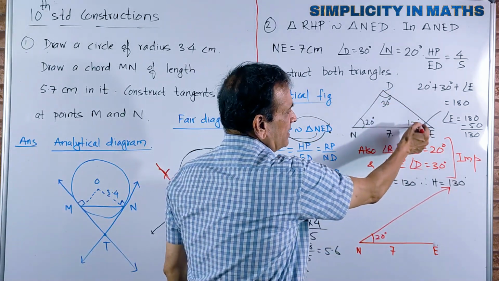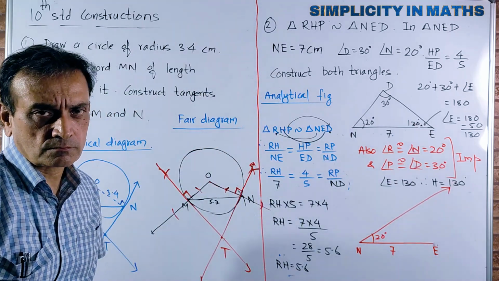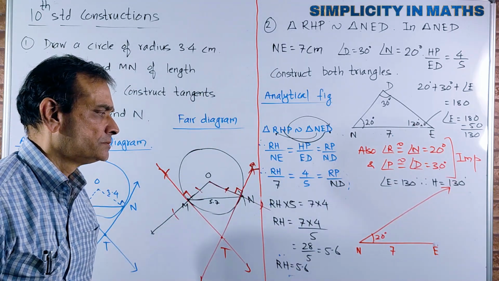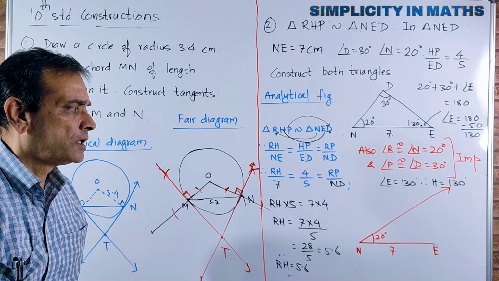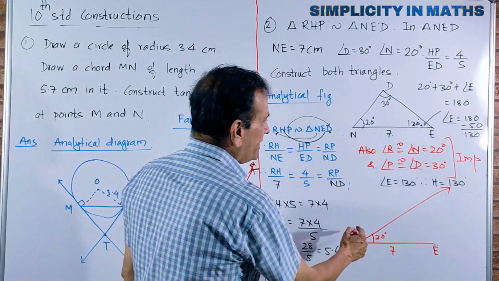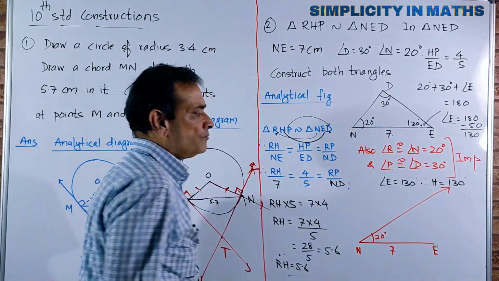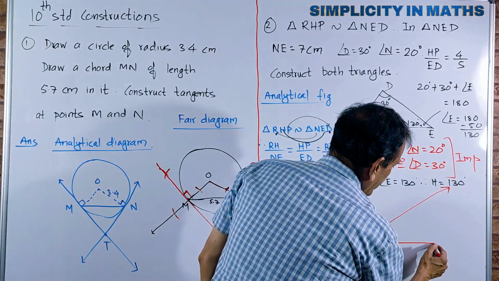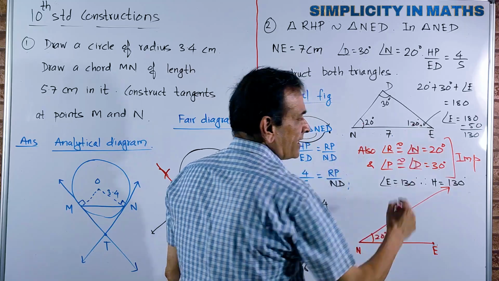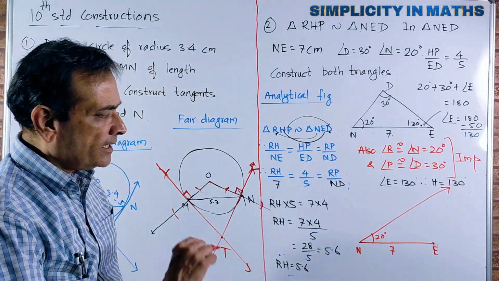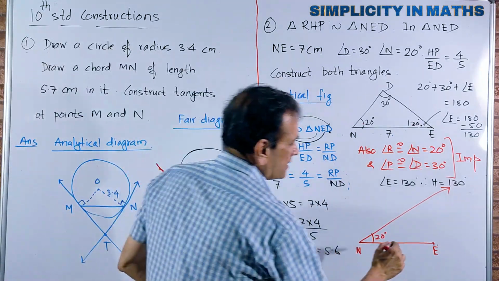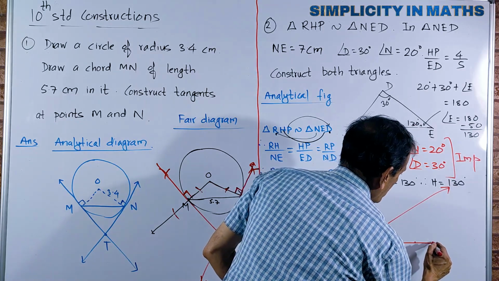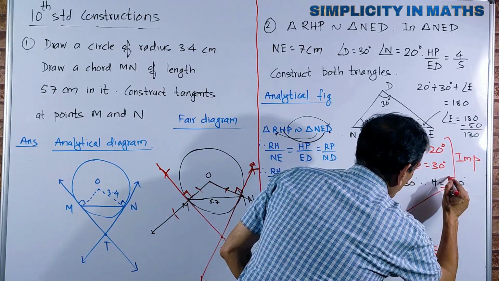Third angle मिल गया है ना? So keep the protractor at point N. Draw an angle. Keep the protractor at point E. अभी यहाँ पे ये obtuse angle हो जाएगा. Obtuse angle. Okay? So you have to measure 130. So keep the protractor here. Measure 130 exact.